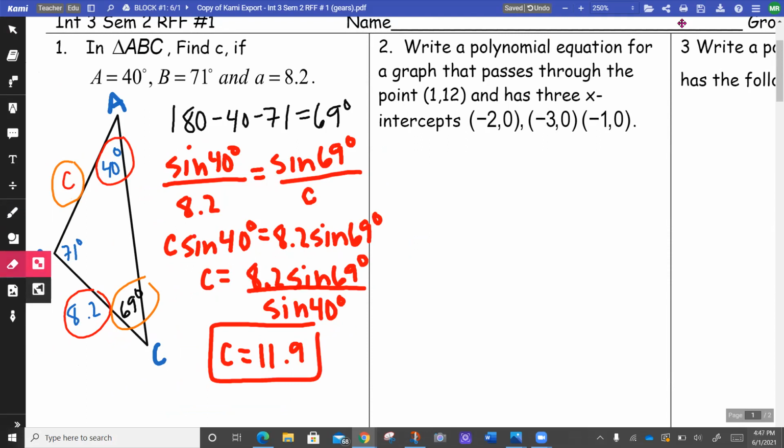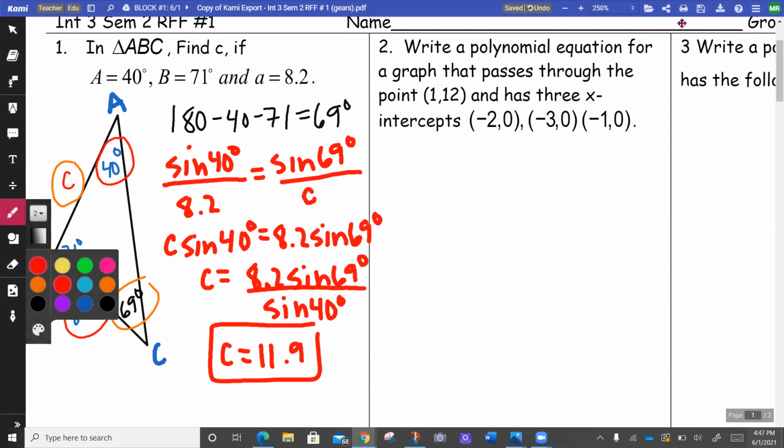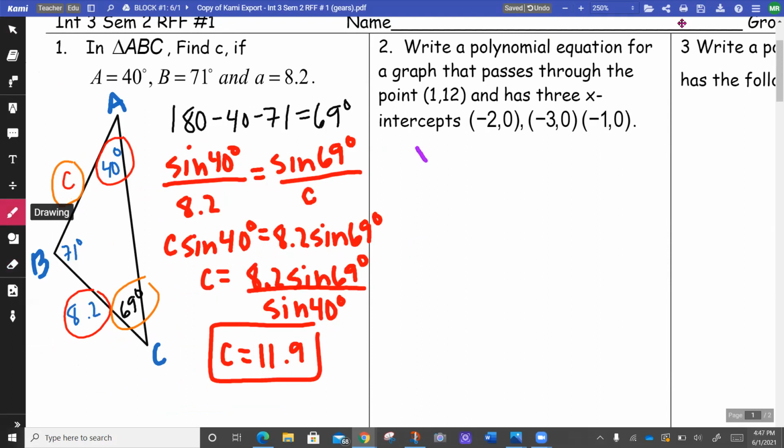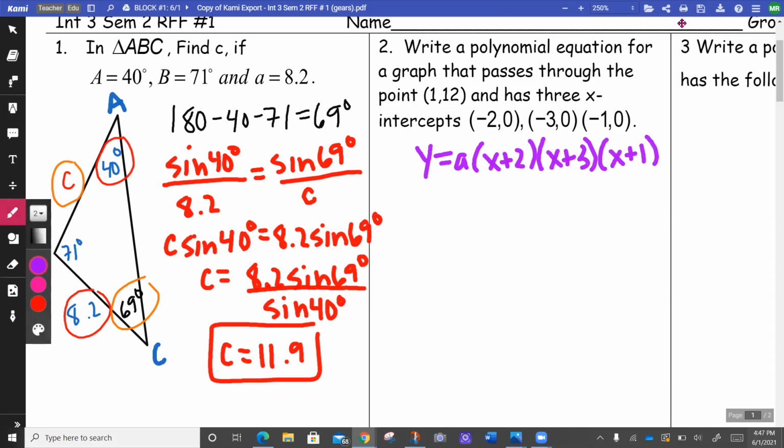So I know this is going to be of the form y equal a times x plus 2 because of the -2, x plus 3 because of negative 3, and x plus 1. And then I'm going to put in this point 1 comma 12 for my x and my y.